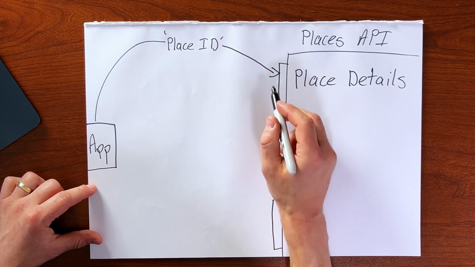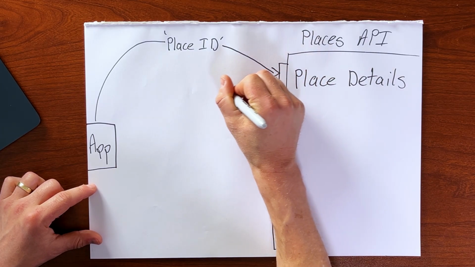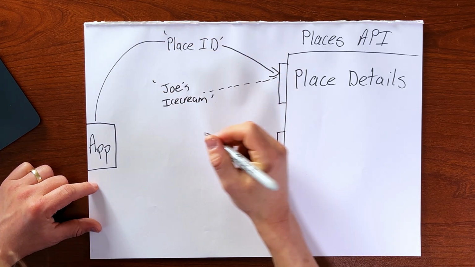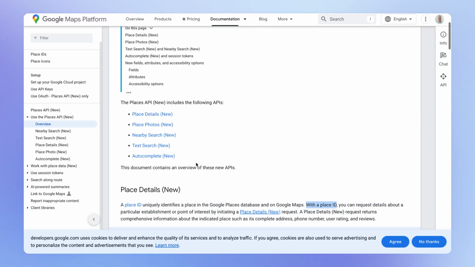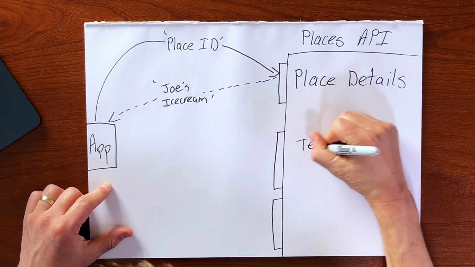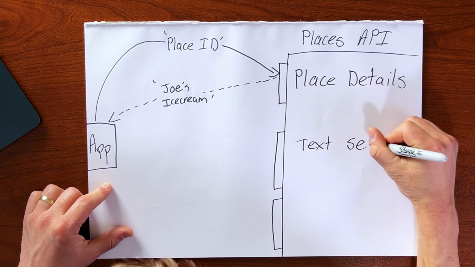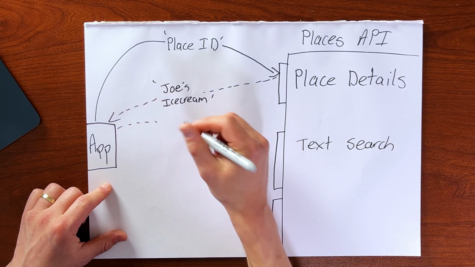And then what this service will do, what the Places API will do, is it will respond with some information about the place and provide that information to our app where we might want to use it in some particular context. Now, they also have something here called a text search. So if we scroll down, the example they give here is spicy vegetarian food in Sydney. That would mean that to this text search service, we would need to make a request that included what we wanted to search for.